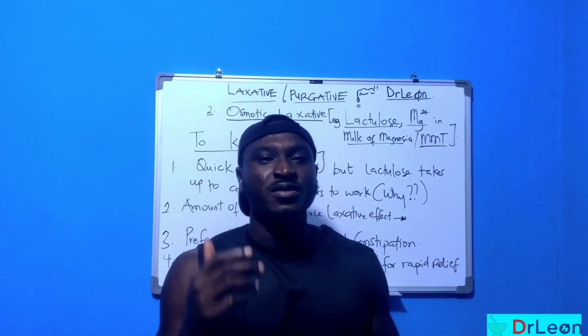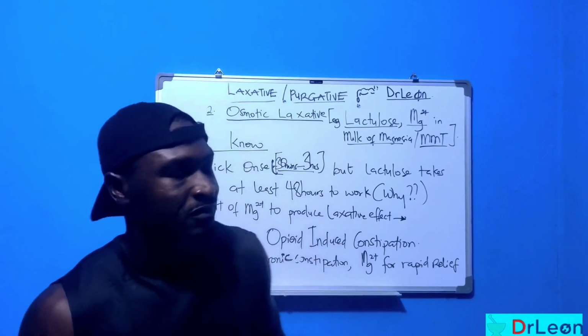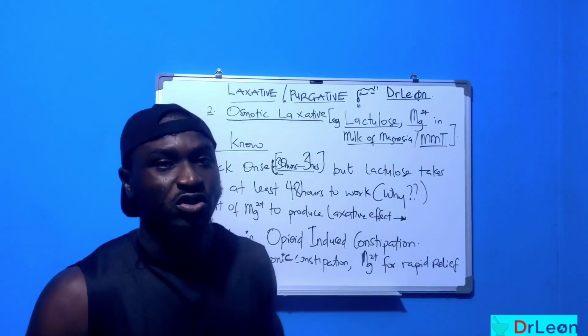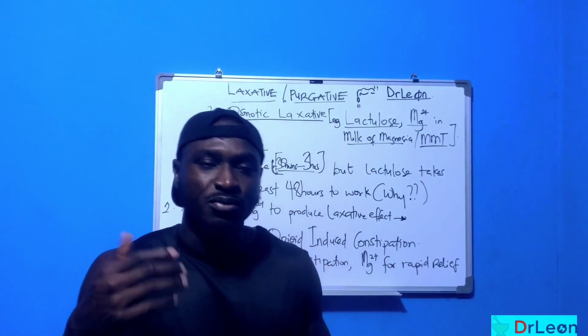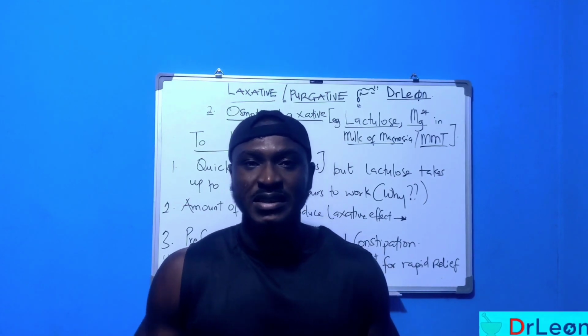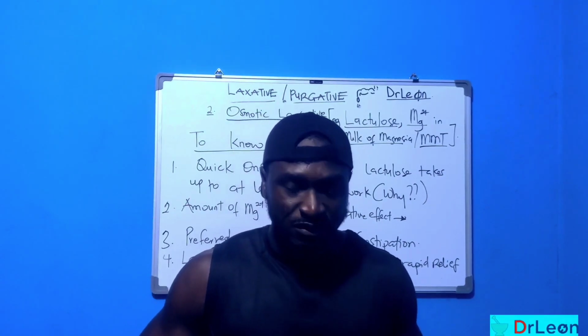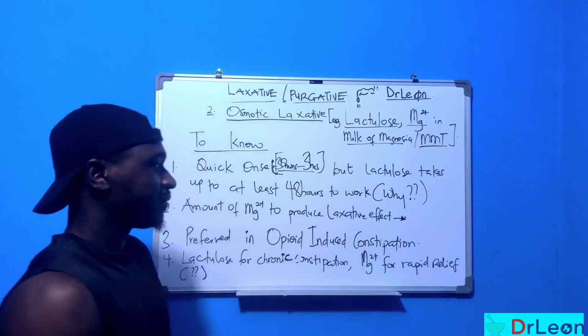And that breakdown or fermentation takes time to happen. That's why lactulose usually takes up to about 48 hours to take effect, because it has to be fermented to the osmotically active acid.